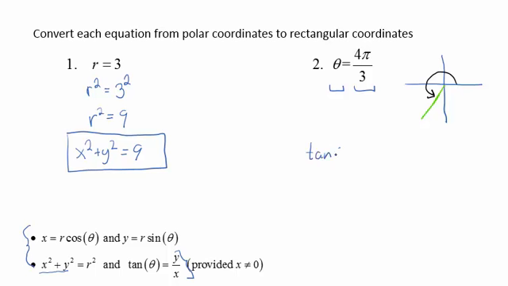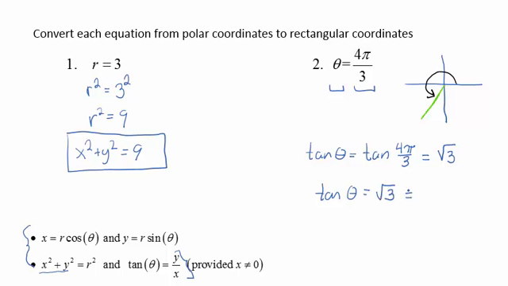So we have the tangent of theta on the left side equal to the tangent of 4 pi over 3. But the tangent of 4 pi over 3 we know is square root of 3. So this tells us the tangent of theta is square root of 3.